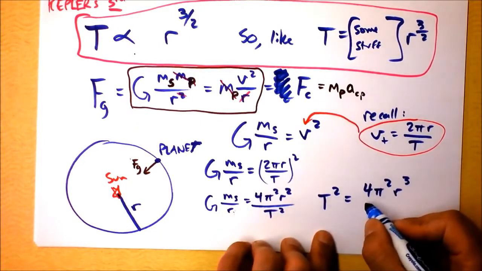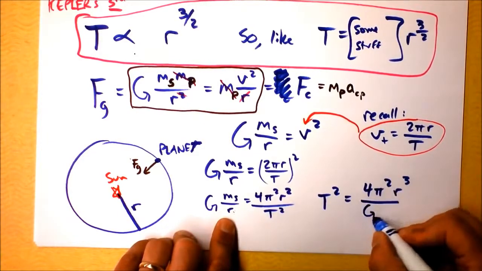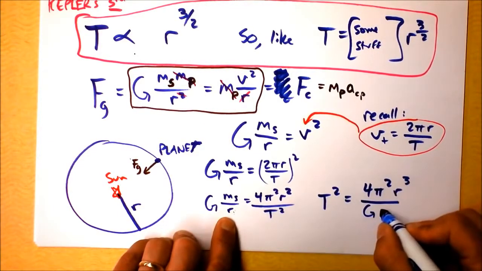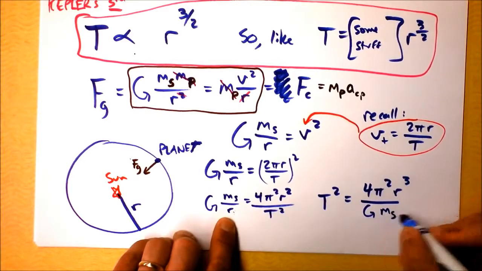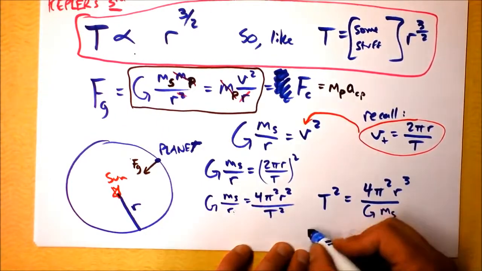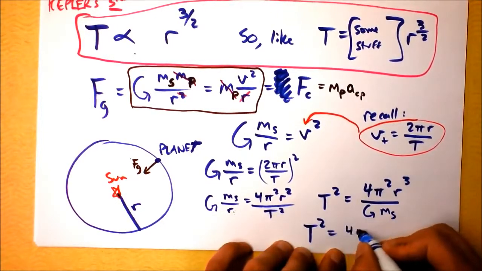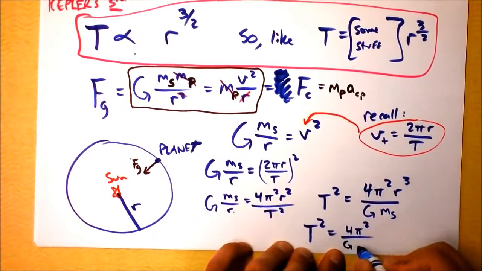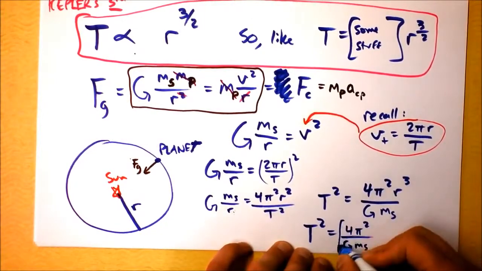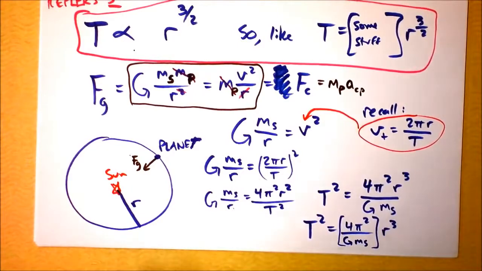Then we have to divide it by capital G and the mass of the sun. Notice what this equation says. It says T squared equals 4 pi squared over G times the mass of the sun times r cubed. Oh, dang!